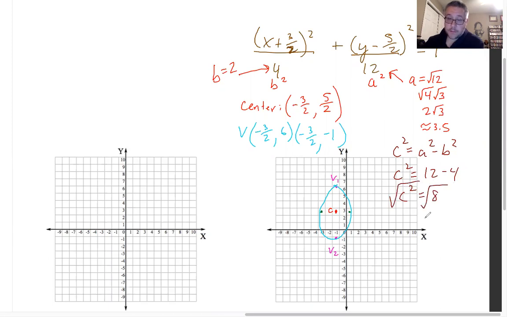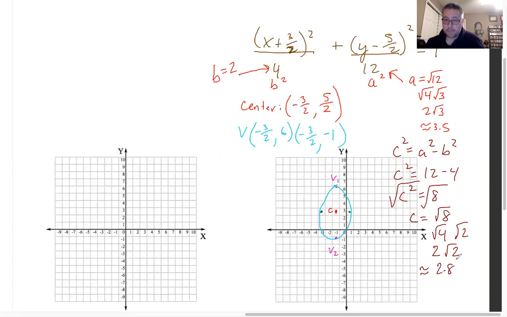Take the square root of both sides. C equals √8, which is √4 times √2, which is 2√2. Then approximately as a decimal, 2√2 or √8 is 2.8.